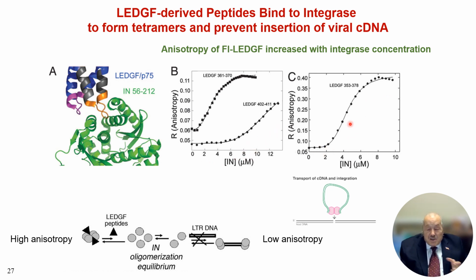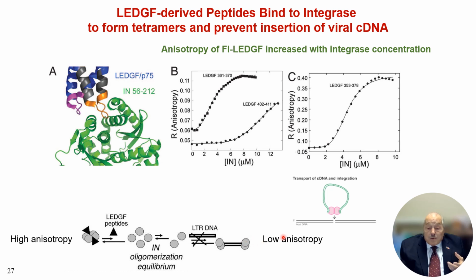And the data is just shown in another format here. So this relatively short peptide was found to inhibit the activity of integrase. And since the anisotropy went higher, it was reasoned that the LEDGF peptides resulted in an aggregation or a tetramerization of the integrase.